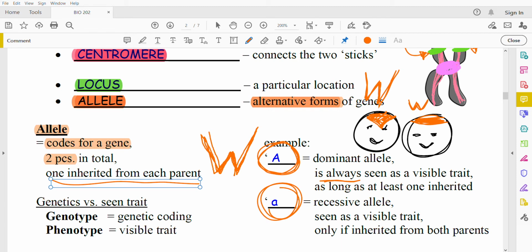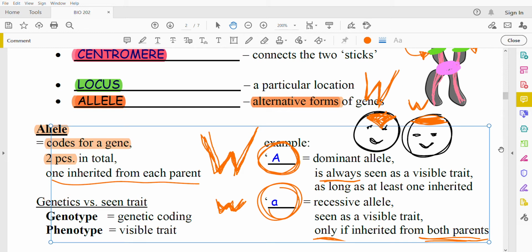Recessive alleles are lowercase letters, and they are less common in nature, and we see that only if we inherit a recessive allele from both parents. So for this reason, it's not that common to see recessive traits in the offspring or in nature.